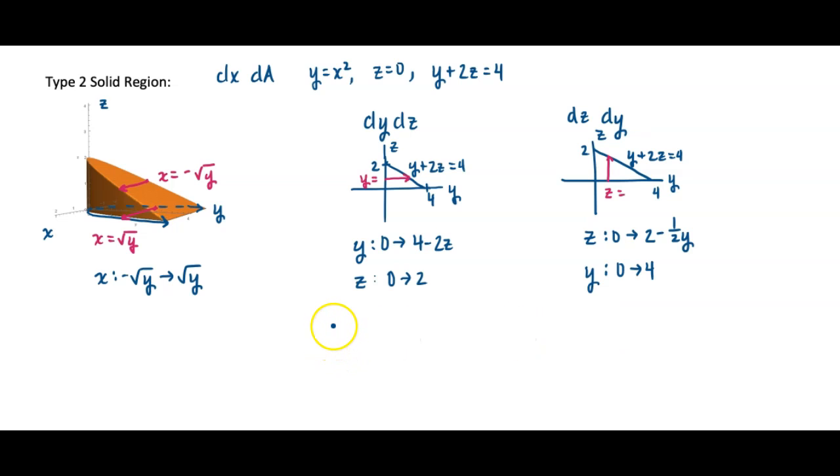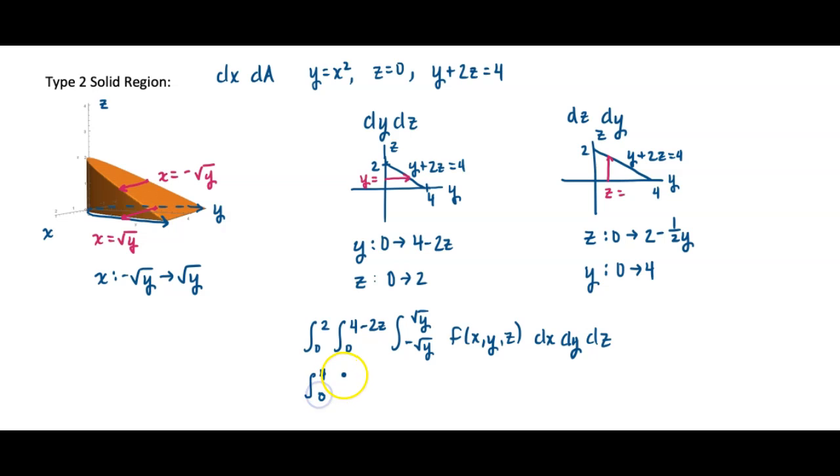So I can write these next two integrals as this one from 0 to 2, from 0 to 4 minus 2z, and then both of my x bounds are going to go from negative root y to root y of this function, and dx, dy, dz. I can write this other type 2 solid region as the integral from 0 to 4, the integral from 0 to 2 minus 1/2 y.